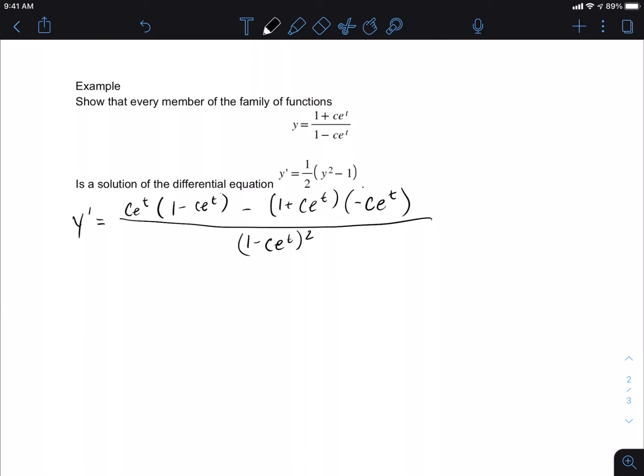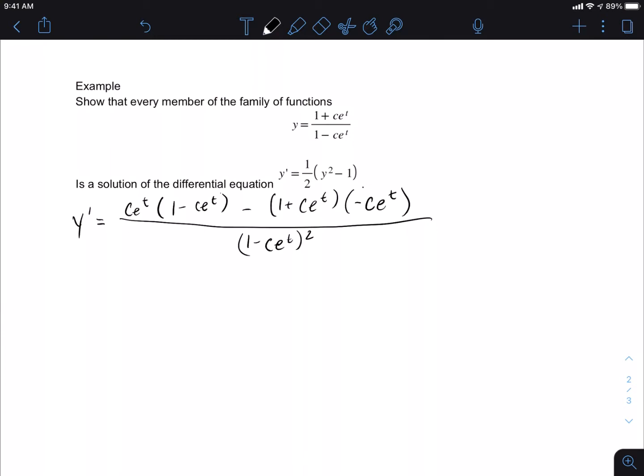Do we agree? And then we break it up, right? We're not done. That was just the derivative. We haven't done anything to it yet.